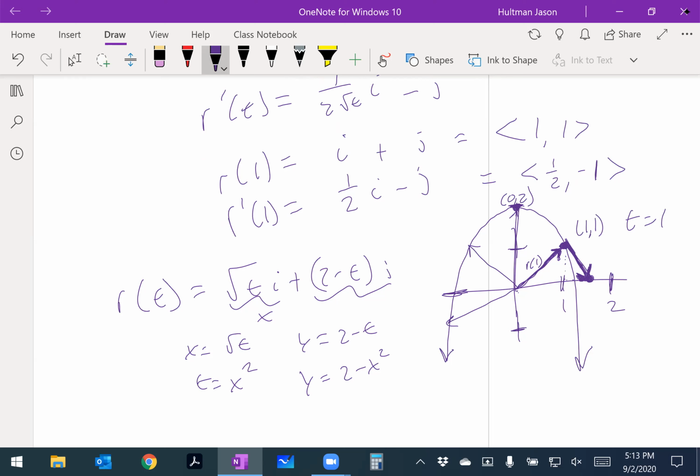If t is equal to 0, then x is 0. What's x when t is 1? x is 1 when t is 1, right? Anyway, I think I've beaten that. It's a dead horse at this point. So does that make sense? This is r prime of 1.